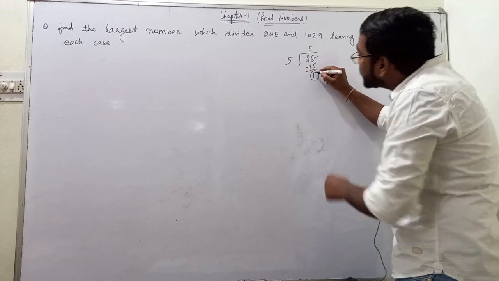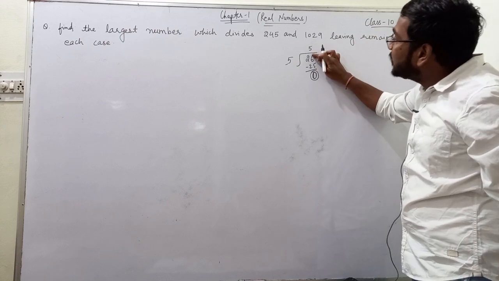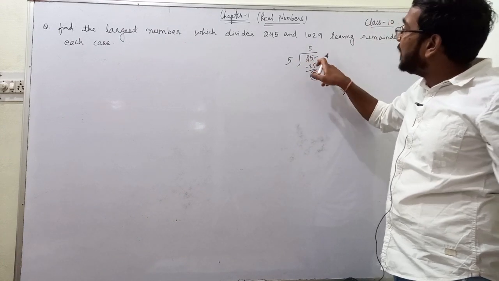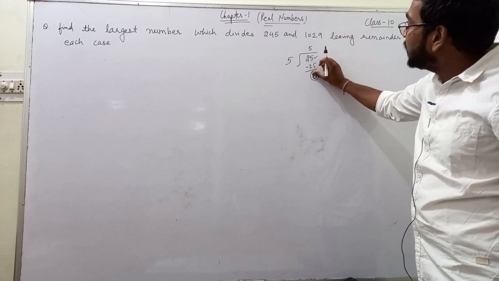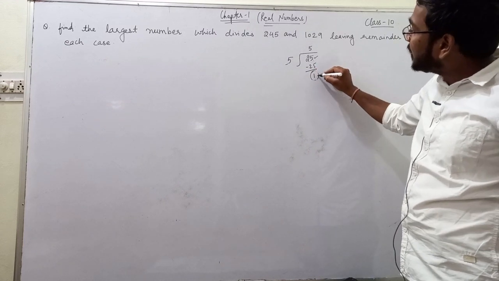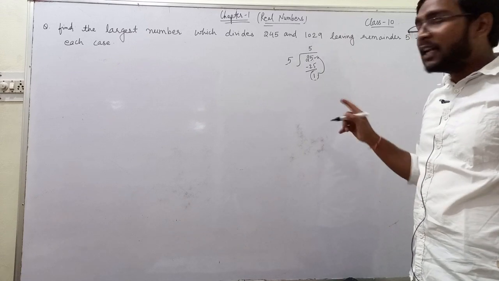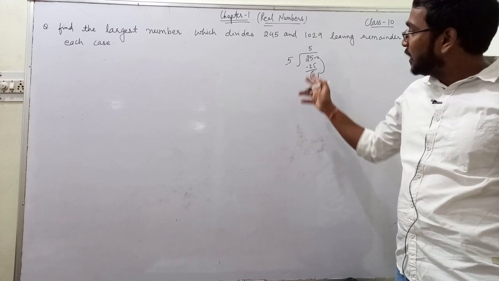If this remainder was 0, then this number would have been 25. Okay, then it would have been divisible by 5. But if I subtract this remainder from this dividend, then it will be divisible by the divisor.